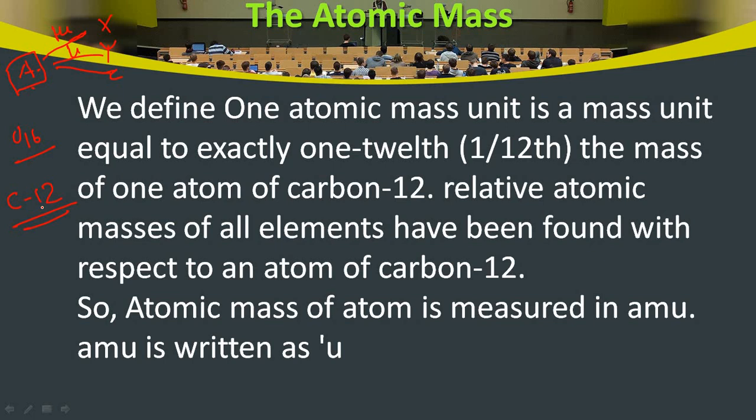Suppose this is a standard element, and we are comparing with this element, this element. So similarly oxygen was discarded and carbon 12 was considered as the standard atom. Its atomic mass is 12 atomic mass unit. So we can define atomic mass as the number of times an atom of an element is heavier than 1/12 of the carbon atom.